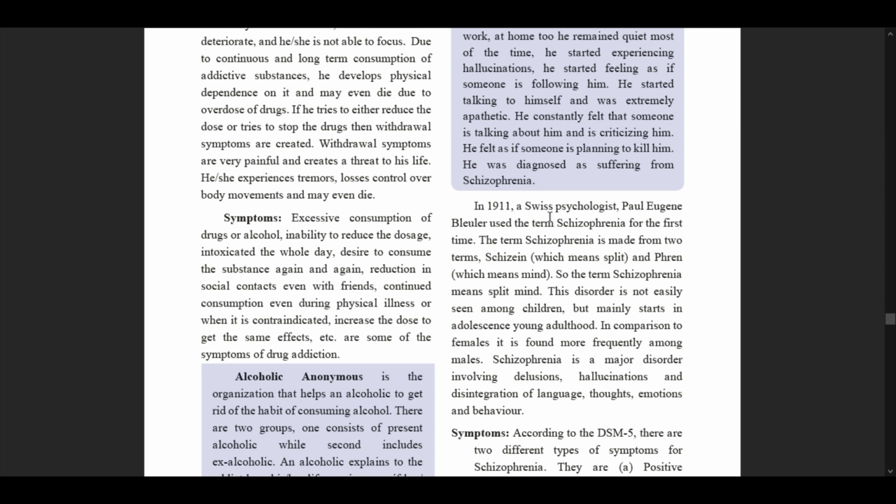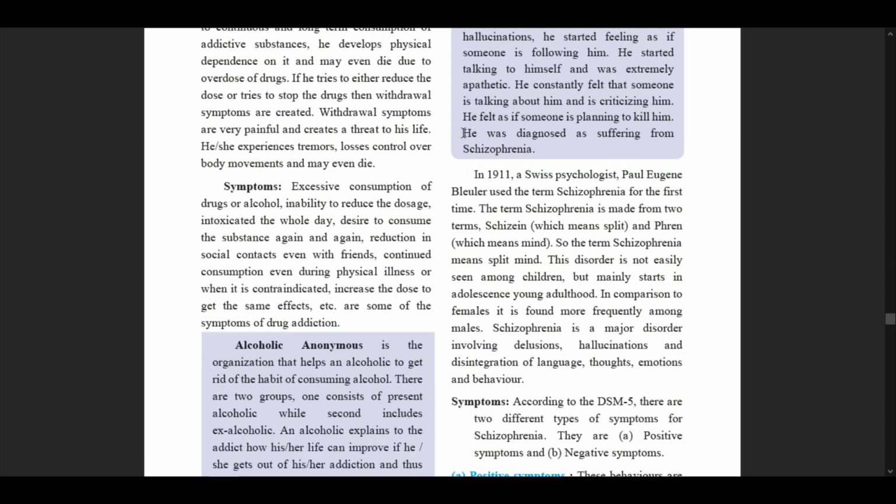So just underline this, as we might be asked what was the source for the term schizophrenia and who used it first, and there could be another MCQ asking when this term was released by Paul Eugen Bleuler. The term schizophrenia is made from two terms, schizein, which means split, and phren, which means mind. So, splitting of mind.